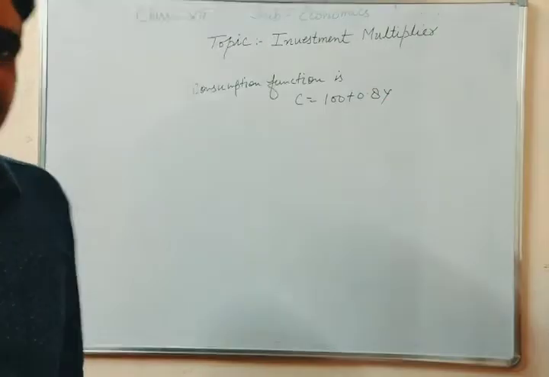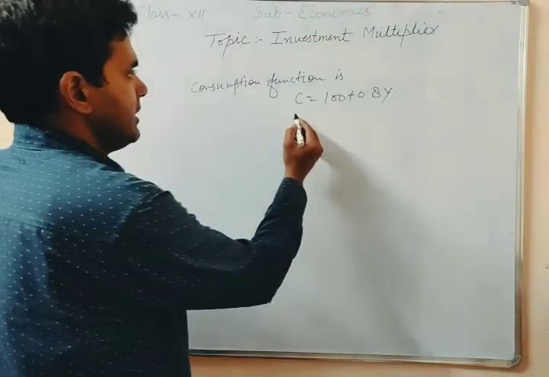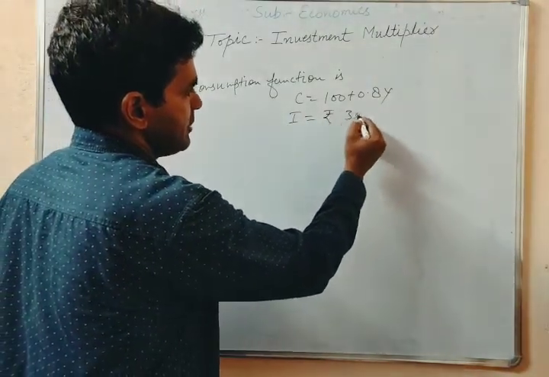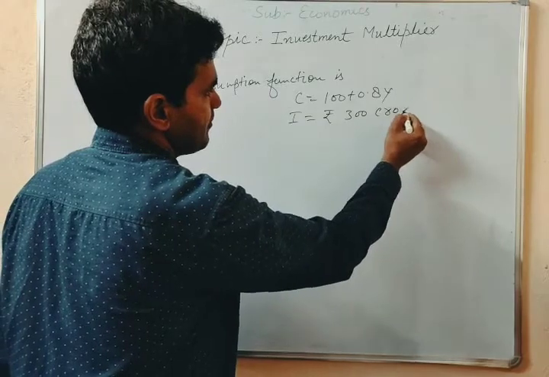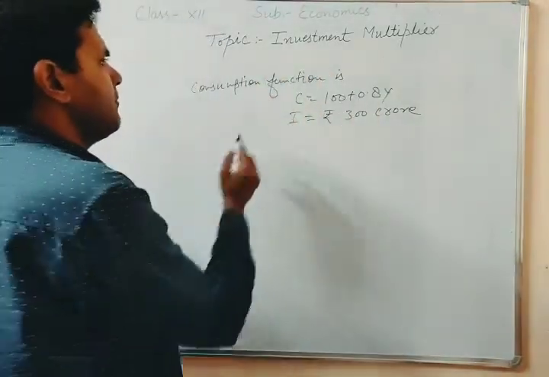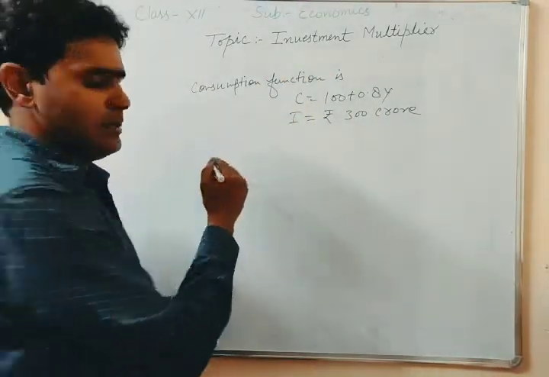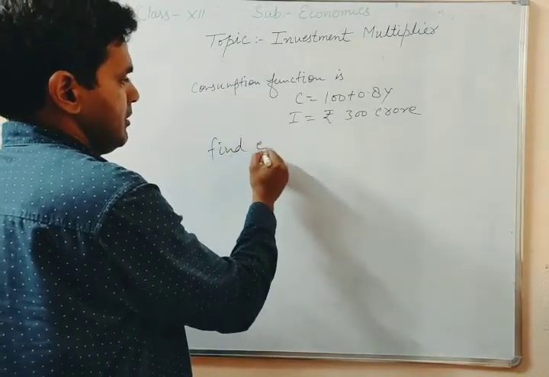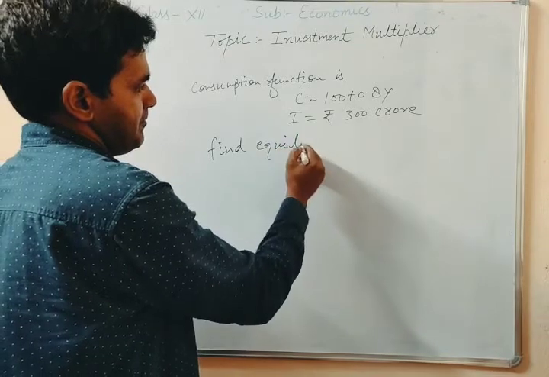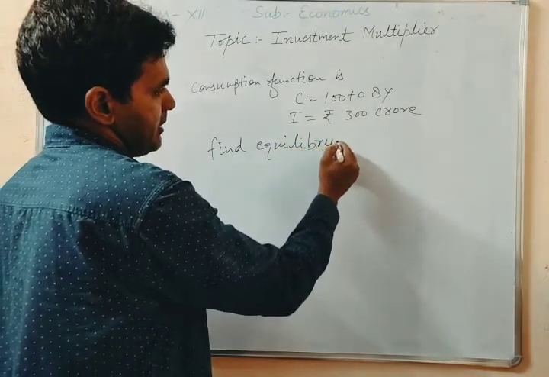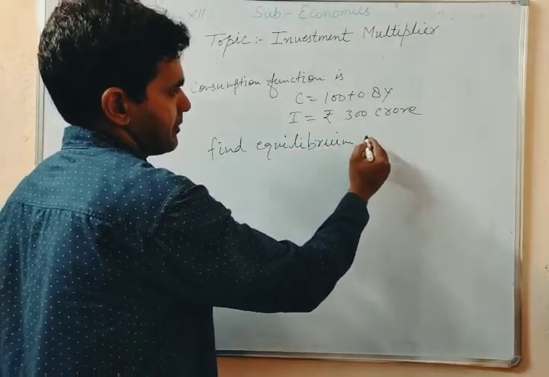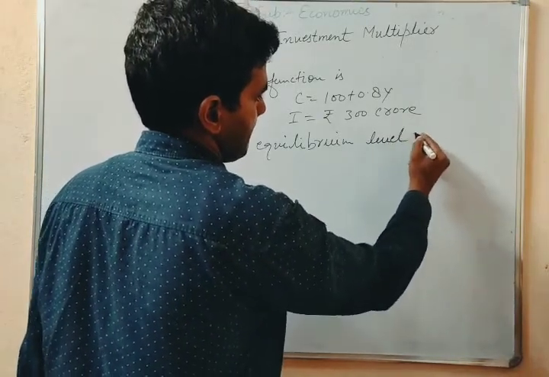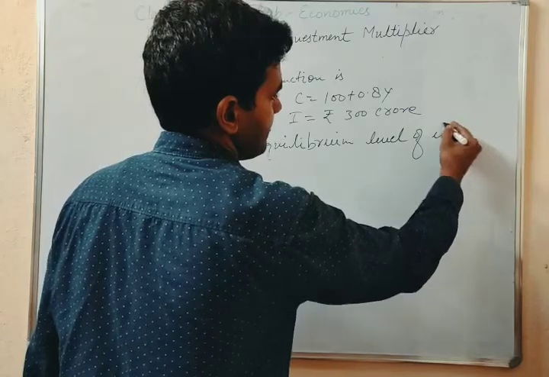This is the consumption function, and investment is rupees 300 crore. Now find the equilibrium level of income.